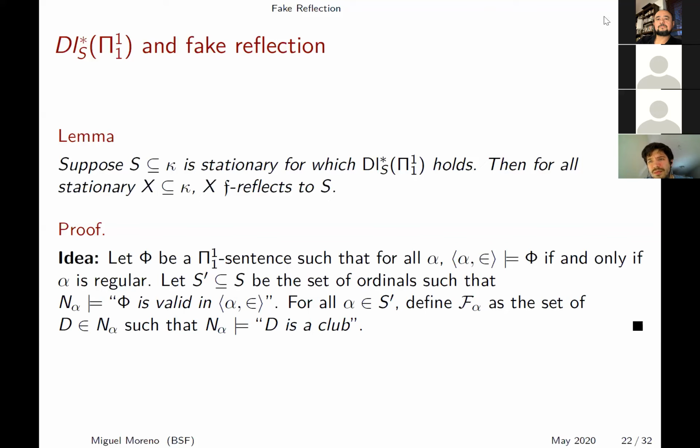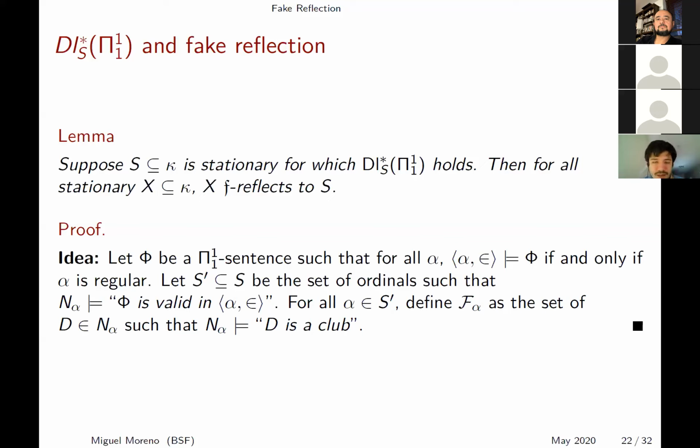It is a very weird model of some kind of fragment of set theory, yet somehow you tag to each alpha whatever N alpha sees as a club. That's very powerful. That's a very nice thing.